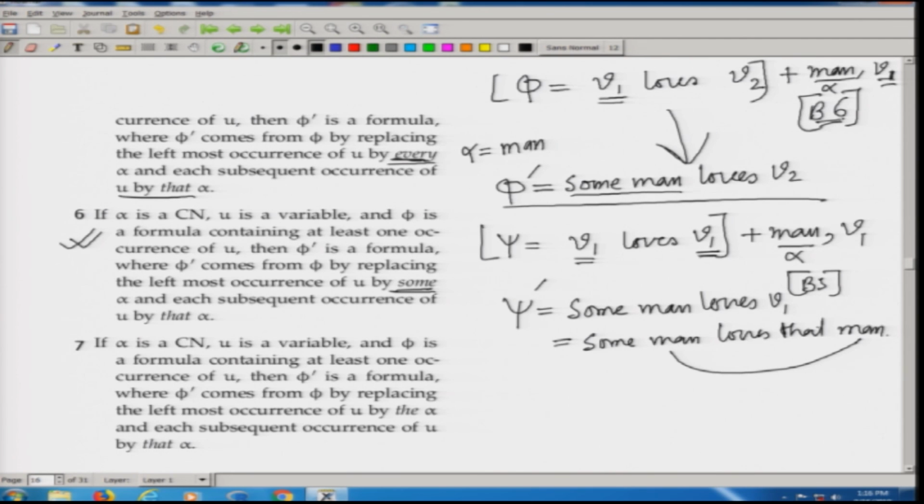Phi is V1 loves V2 and all that stuff. What you get here by using B5 is not some, but every man. That is the only difference. You get every here: every man loves V2.